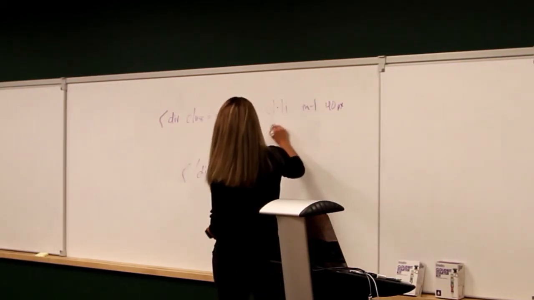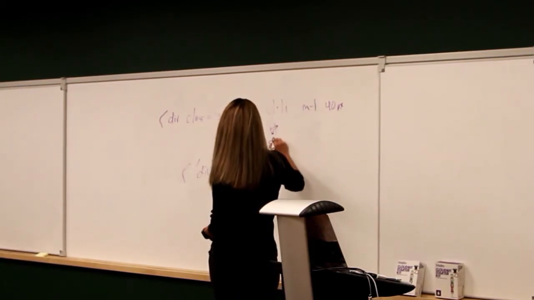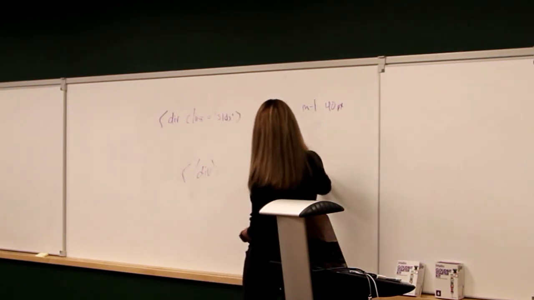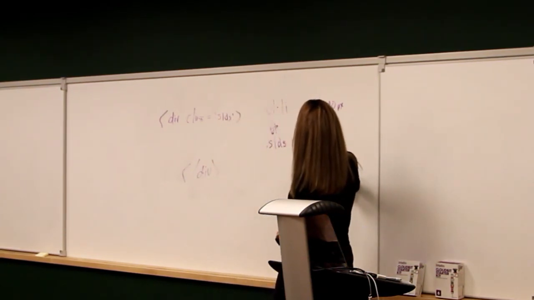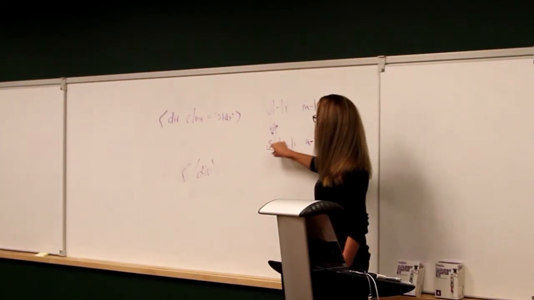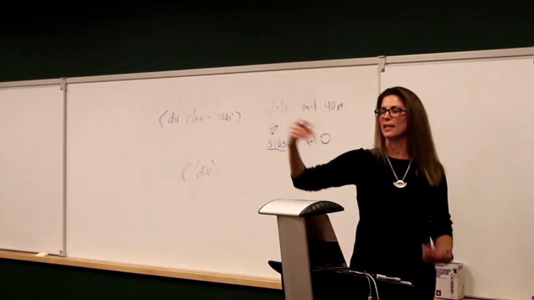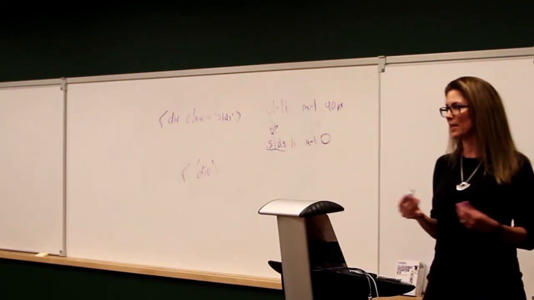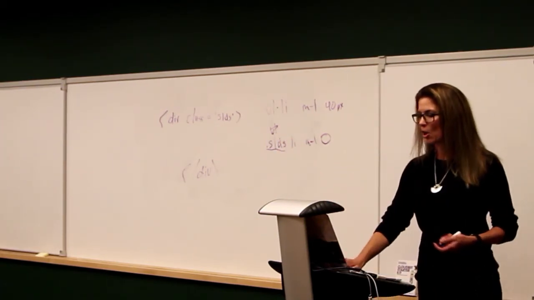But once we have it classed with SLDS, and then it's an LI, and we say margin left 0, we override because this class, the scoping class, gives us more specificity. Does that make sense? So that's the reason scoping is good.